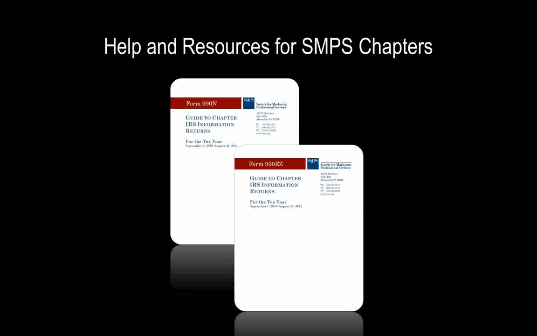And even through the financial reports that you give us, we can pretty much determine which form you're going to have to file for the year, and we can help you with that as well. So you're not alone in this. Most of these are not very difficult to file, and you can do them on your own. We have some chapters who actually work with an accountant, but many of our chapters do this on their own.